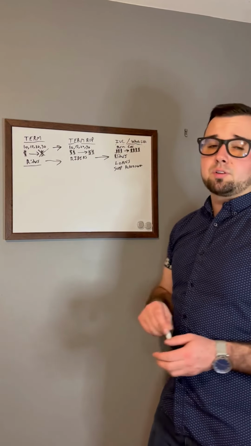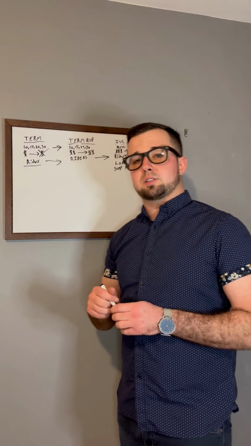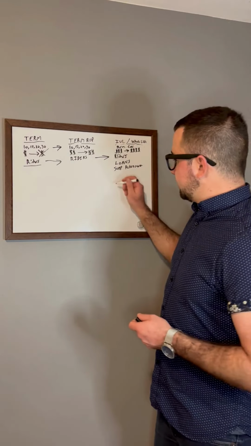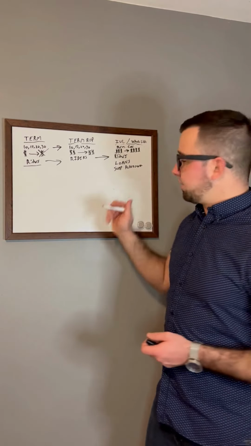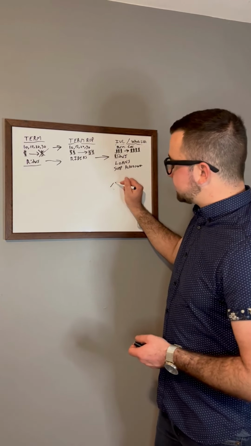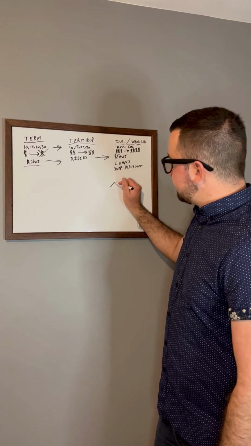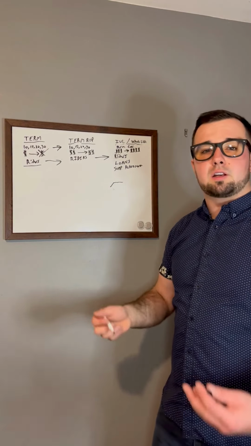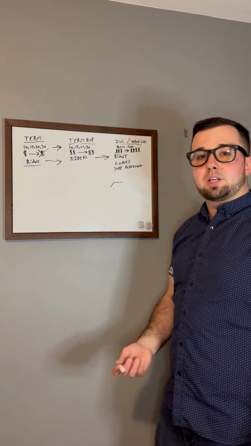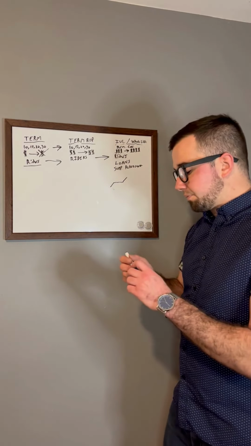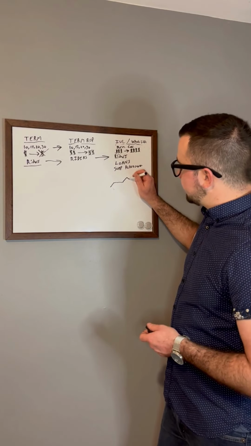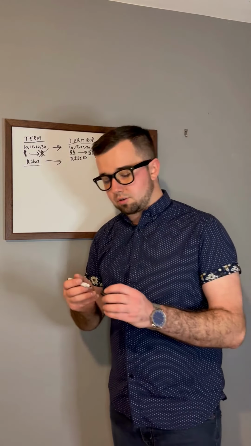These indexed universal life and whole life policies can be structured to have a 0% floor. So one year, it may grow like this, or it may level out if there's a stint of bad years. But once you hit a good year again, that accumulation is going to go back up. It's never going to go down if it is structured right.